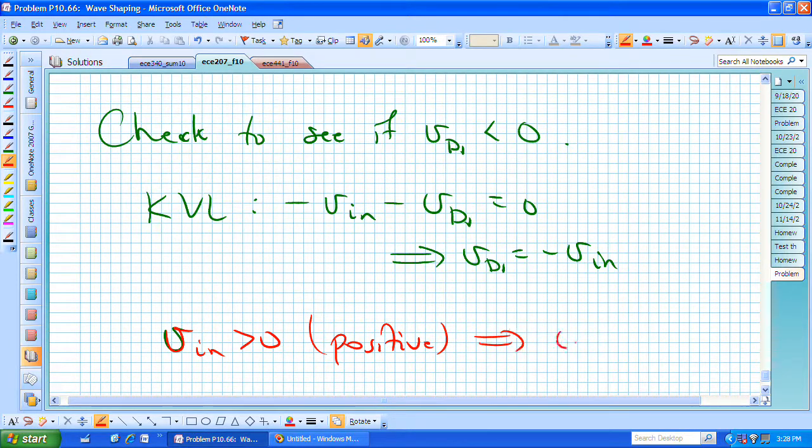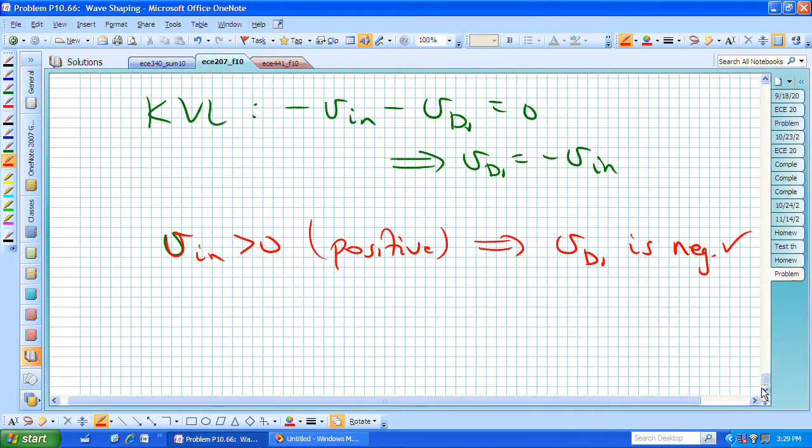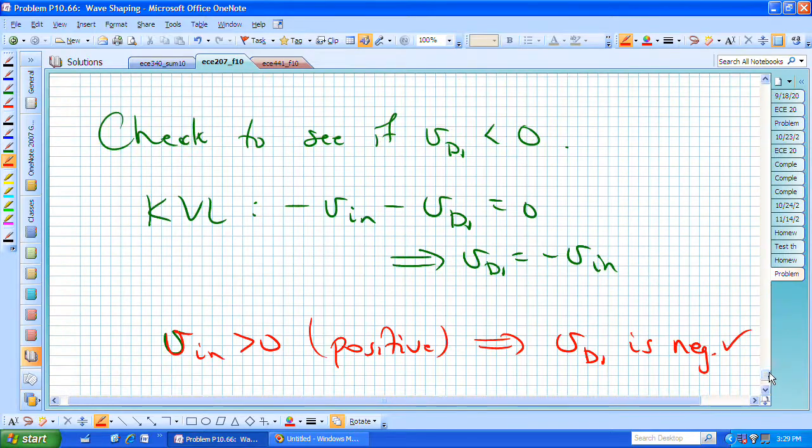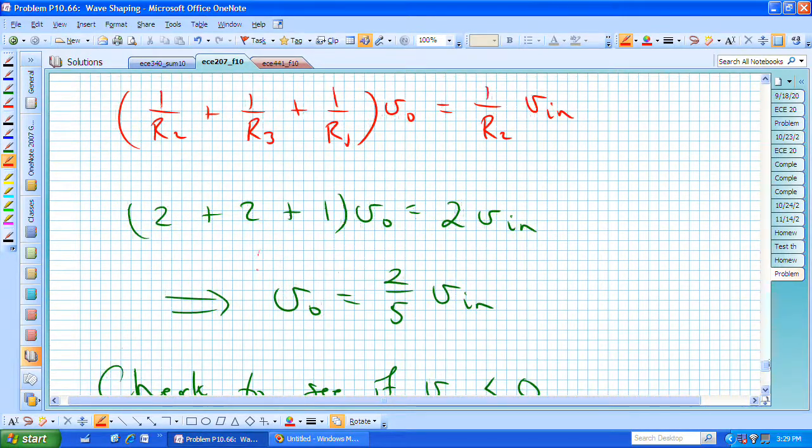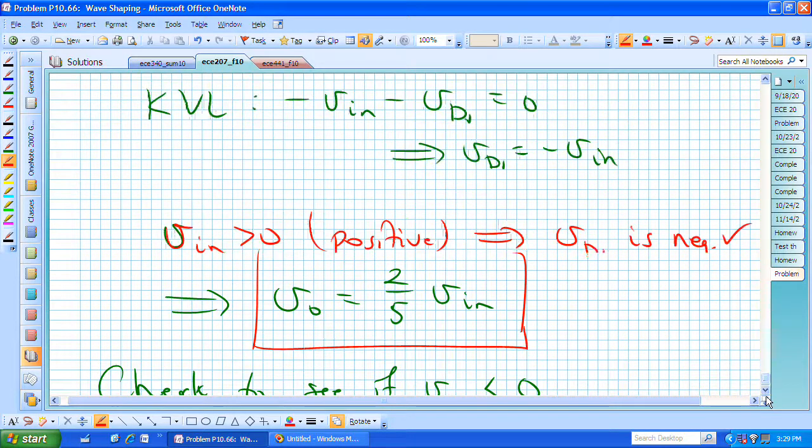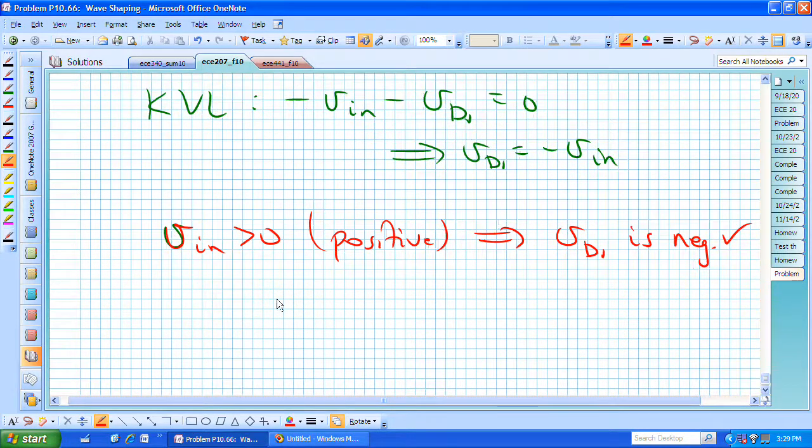Then that says that Vd1 is negative, and that's what we wanted. So now we know that when V in is positive, V out is 2/5 of V in, and we can go through the same kind of logic that we had before.